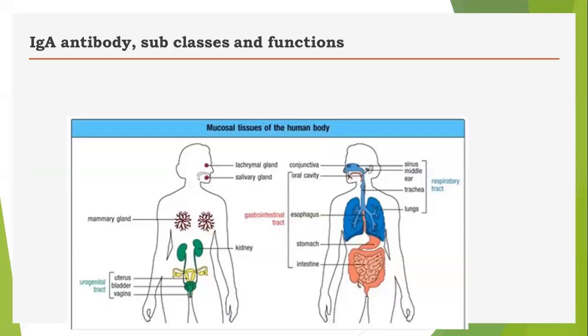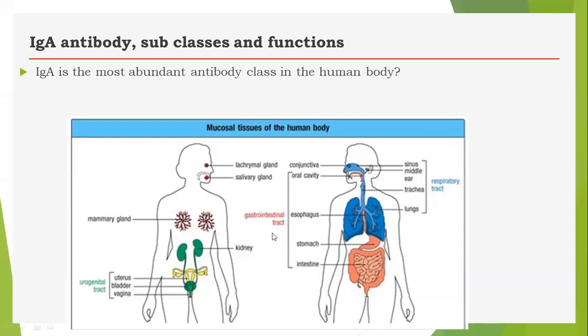Okay, let's go further. So there is a description of the mucosal tissues of the body. When you talk of mucosal tissues of the body, we are going to talk about a number of systems, literally all systems, from the respiratory system to the oropharyngeal system. We'll talk about the reproductive system, the renal system.